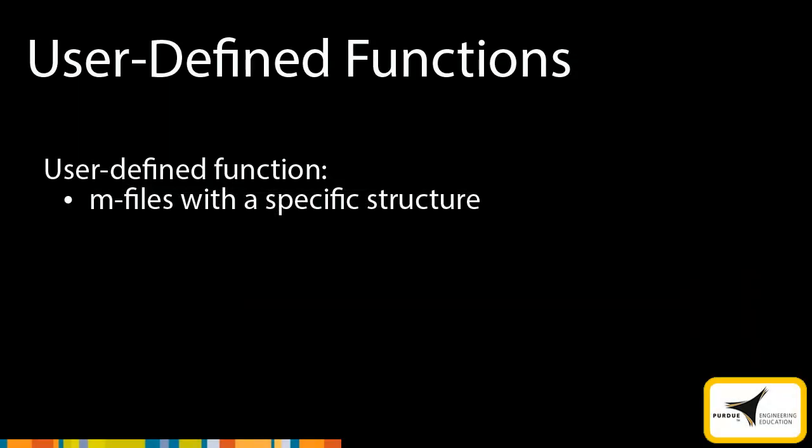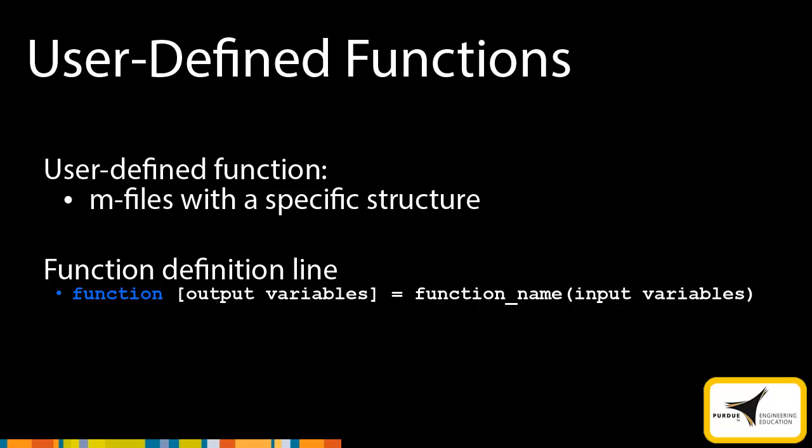If there is an operation that you want to use frequently that doesn't already exist in MATLAB, you can create a user-defined function. User-defined functions are M files with a specific structure. The first line of a user-defined function is the function definition line. This line defines the function name and specifies a list of input and output variables.